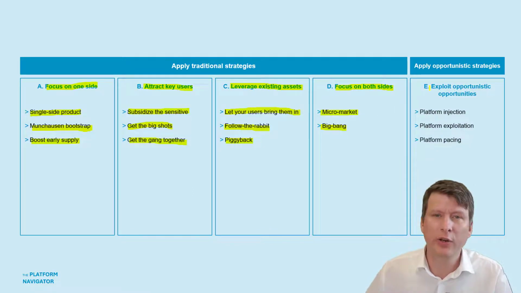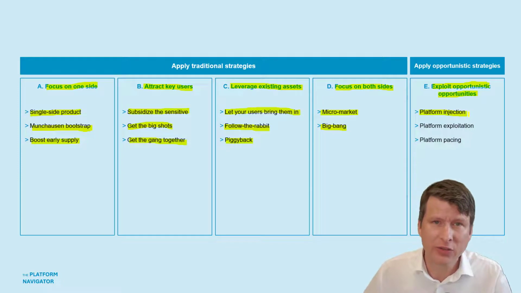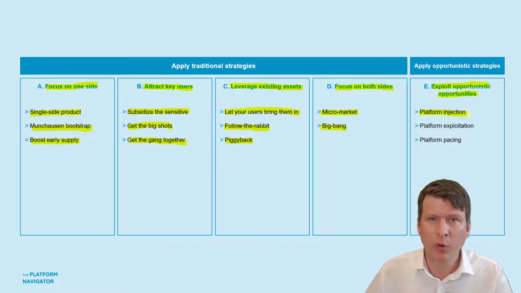Last but not least, you can also try to exploit opportunistic opportunities. And the first opportunity you have is platform injection. Platform injection is very tough, but Kindle managed to do it. Amazon Kindle, the platform where book providers and book readers come together, managed to inject an app into the iPhone ecosystem. That is really challenging.